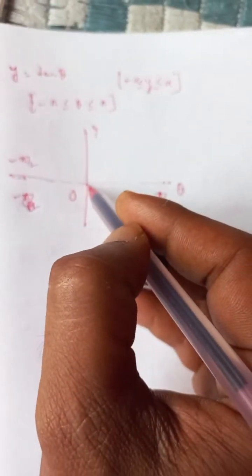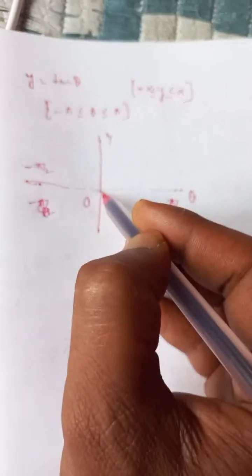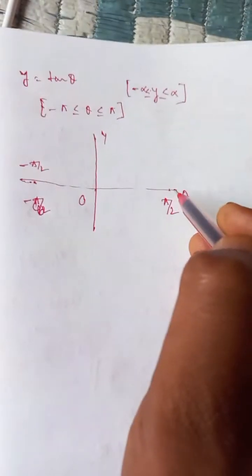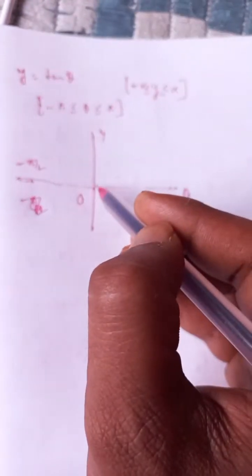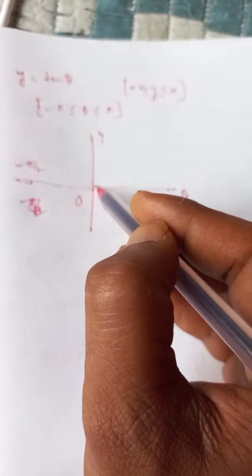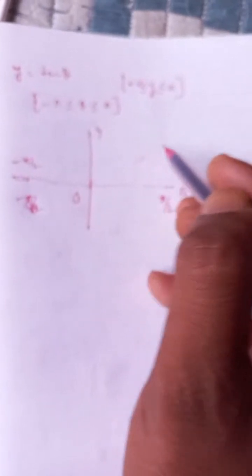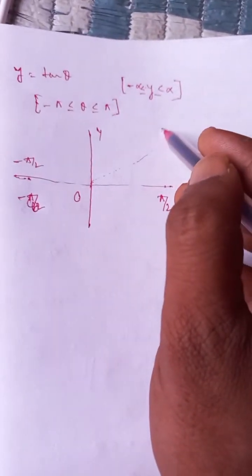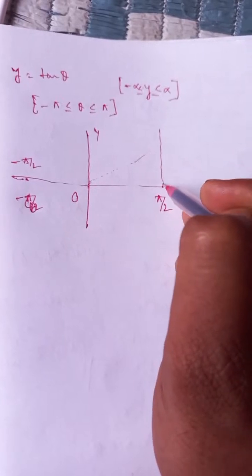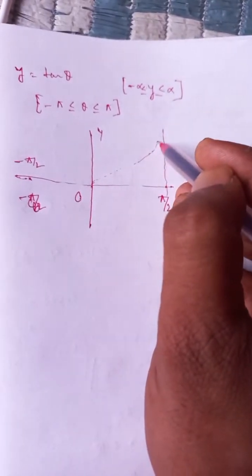So at the point 0, tan theta is 0, whereas for pi by 2, it is infinite. The graph will touch an infinite value at the point pi by 2.